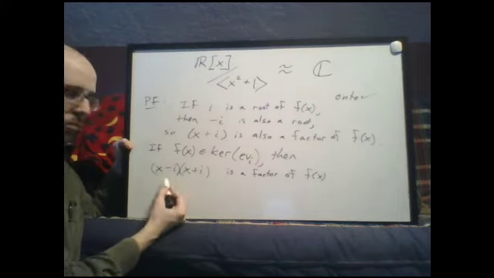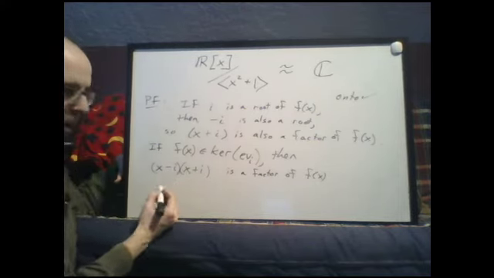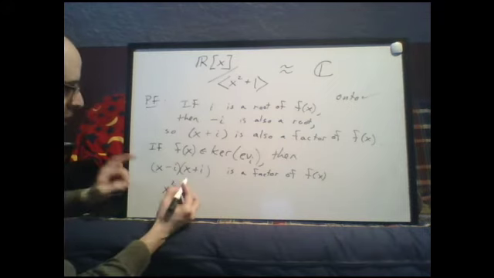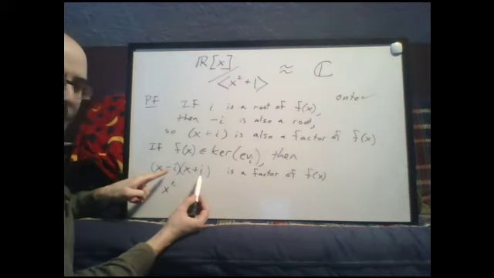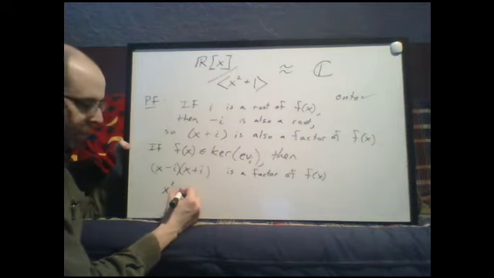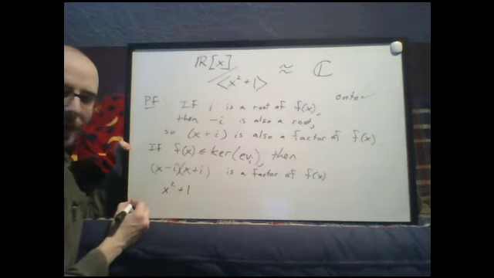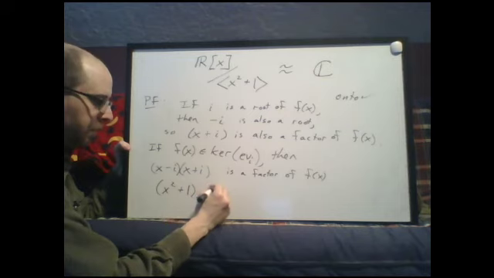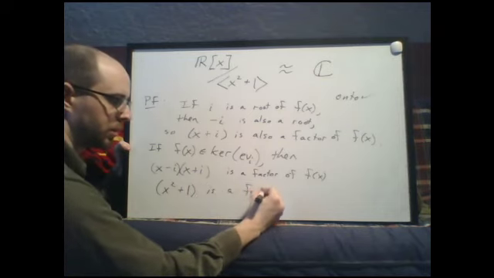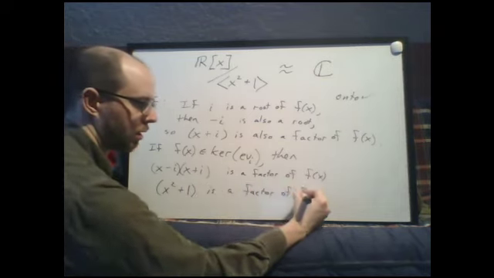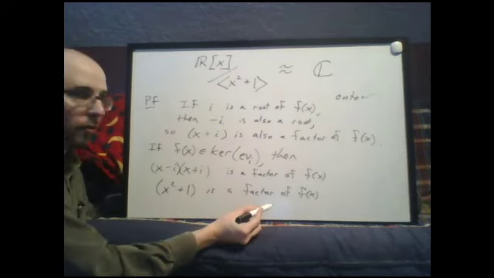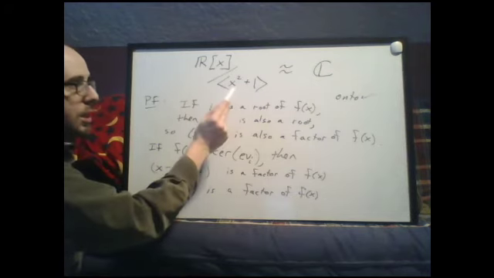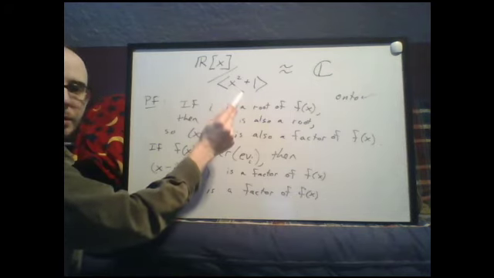But what's their product? If I multiply this out, that's x squared minus ix plus ix. Those cancel. Minus I times plus I is negative I squared, that's plus 1. So x squared plus 1 is a factor of f of x. So if this is a factor of f of x, that tells me f of x is an element of this ideal.